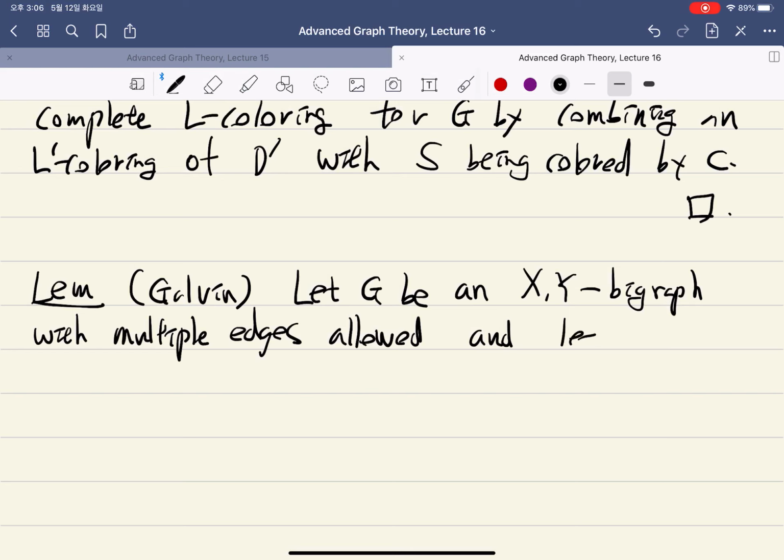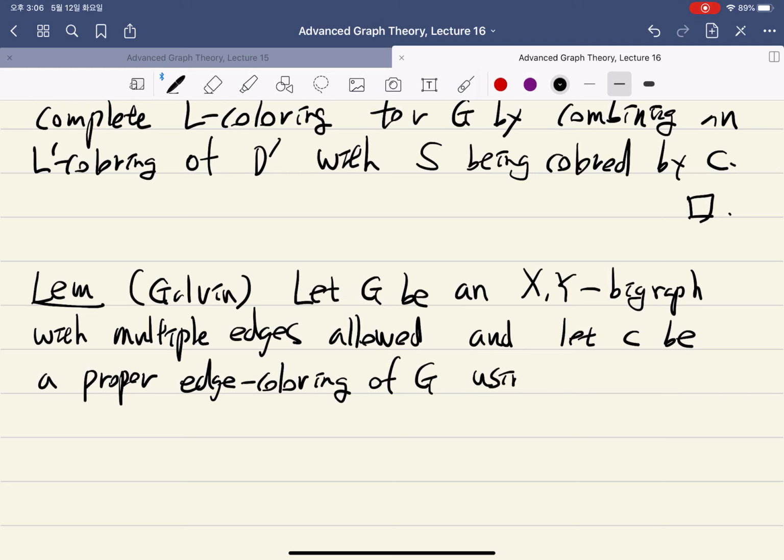And let C be a proper edge coloring of G using integers.